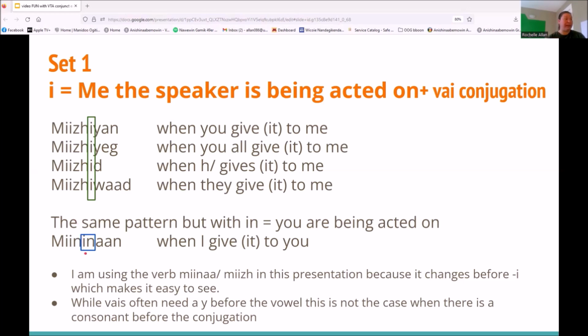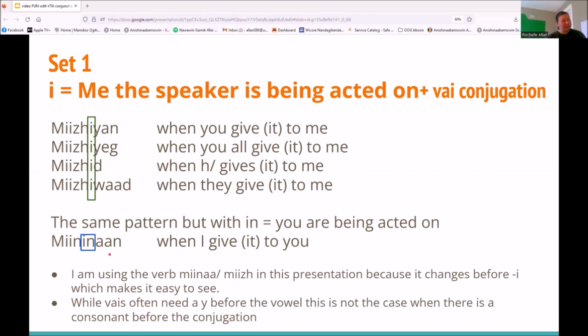And then here we have in, so the action is happening to you, the person that I'm talking to. And on, in our VAIs, it often looked like yawn, but it's on, as we know from our VAIs that ended with M. So in on is when I act on you.